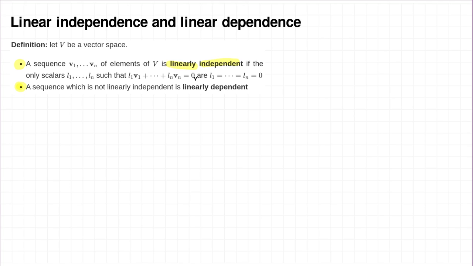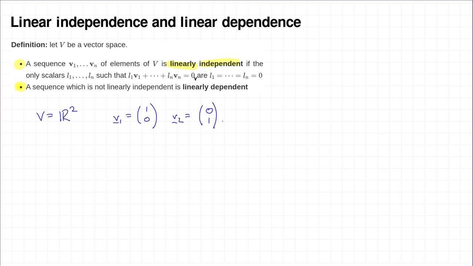Let's look quickly at an example to try and get this concept understood. We will take as our vector space V our simplest non-trivial example, R squared, a vector space over the real numbers, and we will take V1 to be the vector (1, 0), and V2 to be the vector (0, 1).